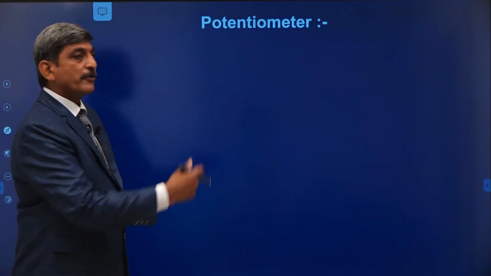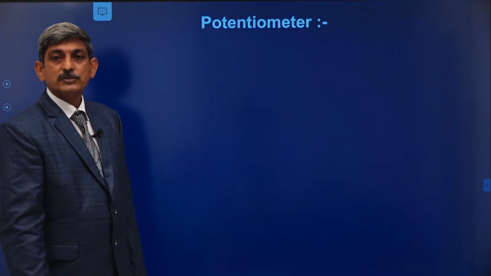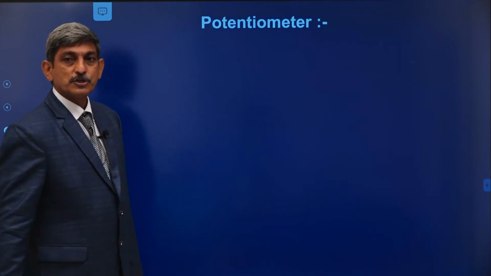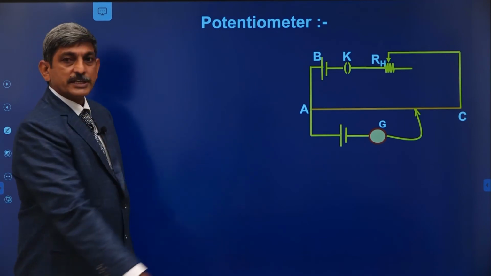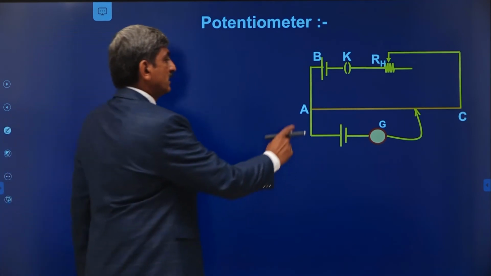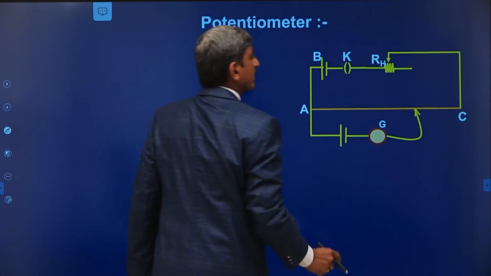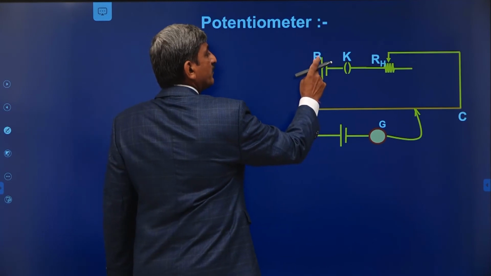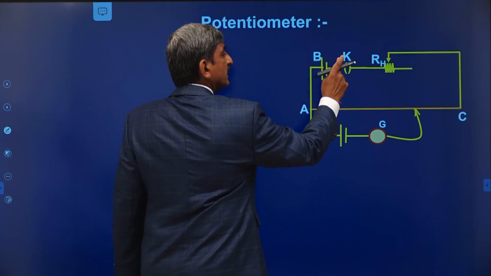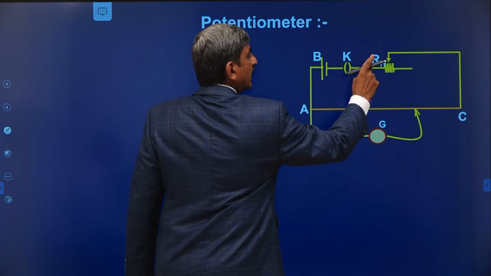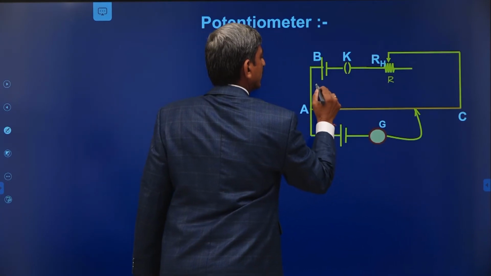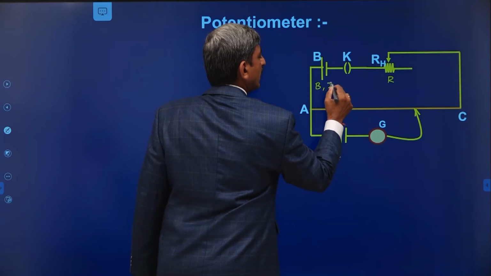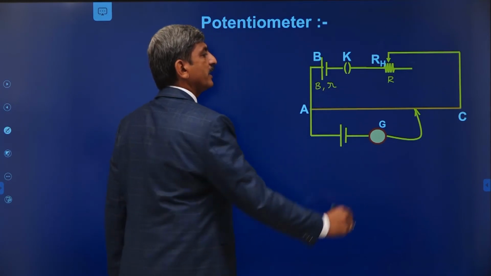Now I am going to the third topic of today's session, that is the potentiometer. So that is the circuit diagram of the potentiometer. This AC is the potentiometer wire. A battery of EMF B in series with a rheostat of resistance R. Here B is the EMF and R is the internal resistance of the battery.